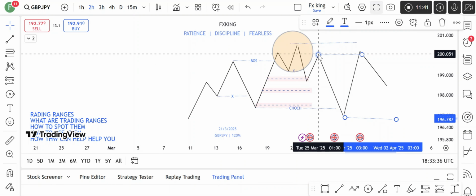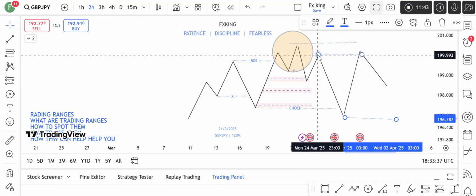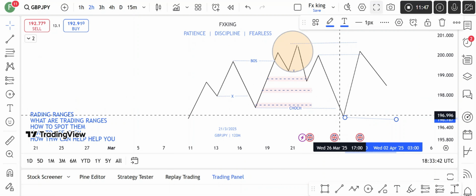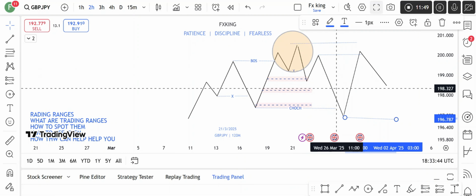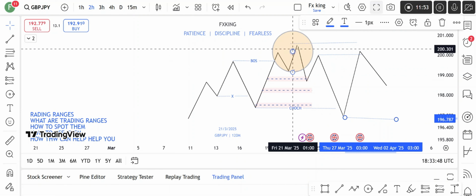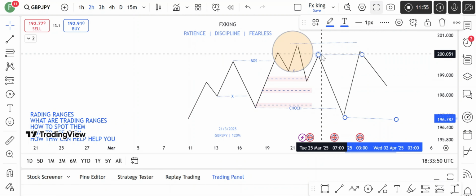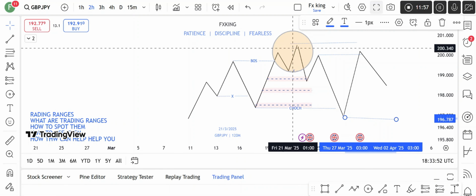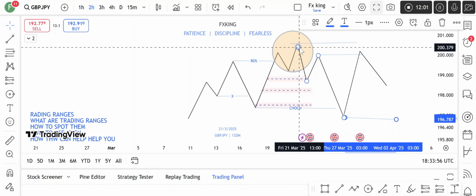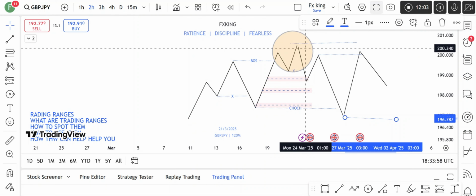From here, what we need to do is eliminate the majority of these small other blocks that are here, because we know this is our inducement. In this trading range, this is where our inducement high is. So we'll be looking for a POI above here. This will be an easier trade, because you can easily get a POI here without making mistakes.